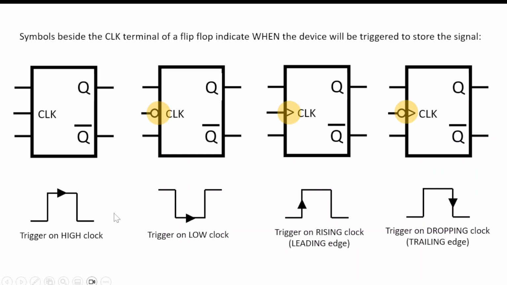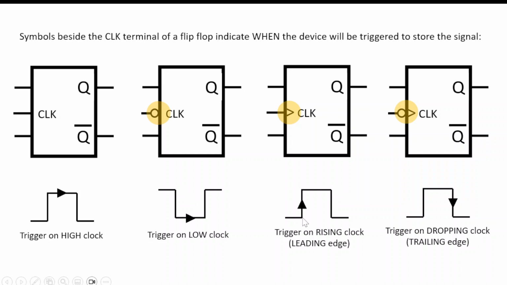This means that at any point when the clock is high, if my set signal comes in any time here, my flip-flop will transition and set the bit. On this one, if my set signal comes in at any time while the clock is low, my flip-flop will set or save the bit.